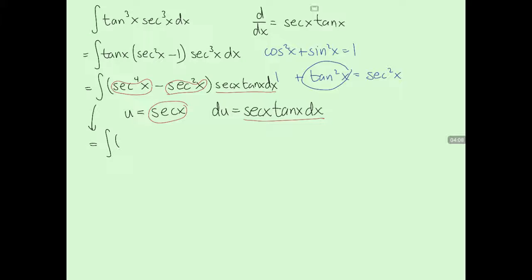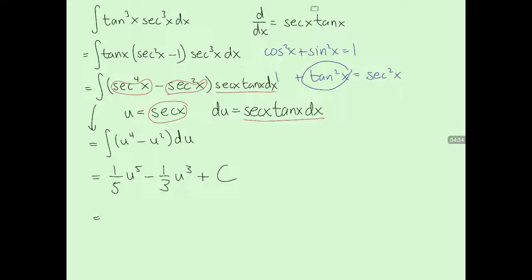So here we have the integral of u to the 4th minus u squared du. If we continue simplifying, we have the antiderivative of u to the 4th, which is 1 over 5 u to the 5th, minus the antiderivative of u squared, which is 1 over 3 u cubed, plus c.